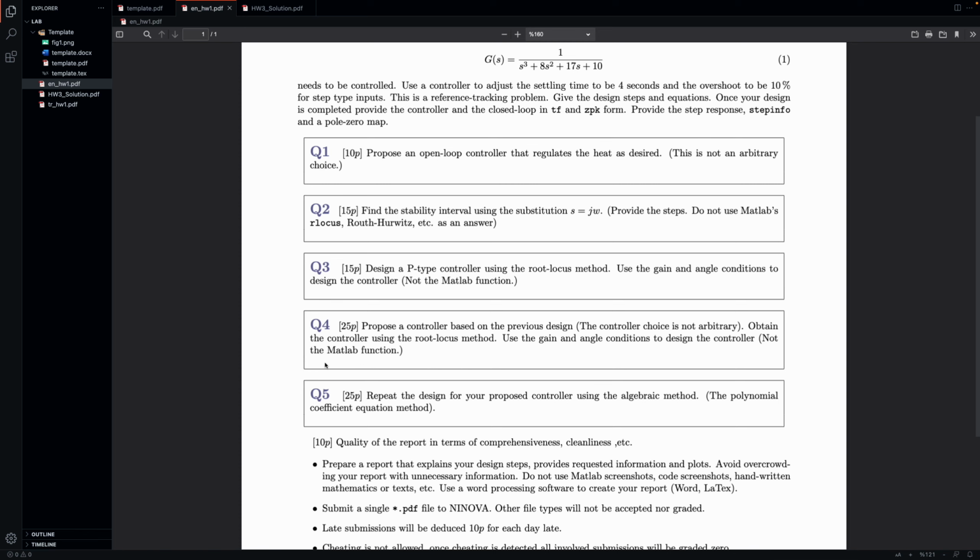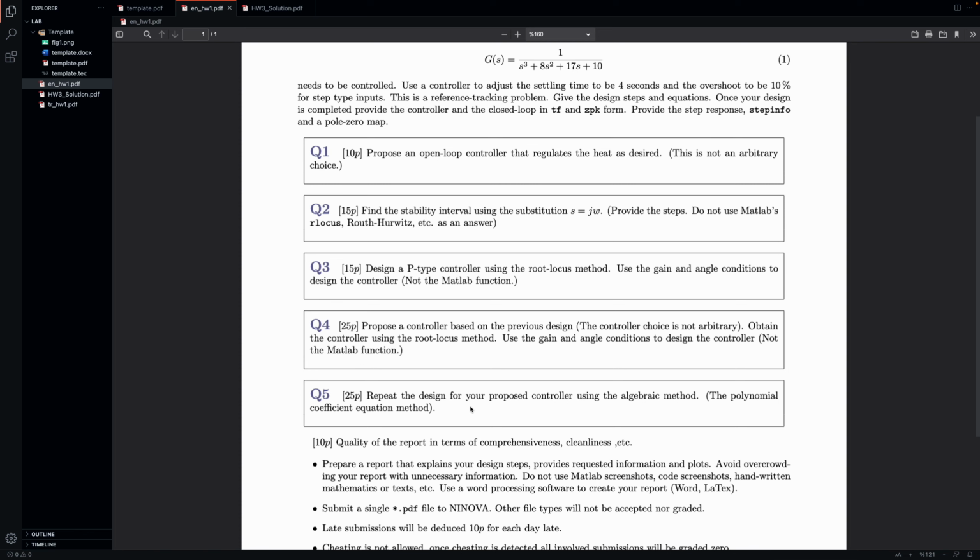So Q4 and Q5 are tied together in the sense that it's going to be a controller design. We have a specific controller in our mind. We are going to design it using A, the root locus method, angle and gain conditions, and B, the algebraic method, where we use the polynomial coefficients and equate them to each other to design the controller here.